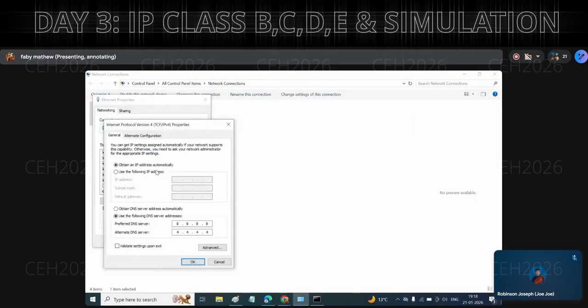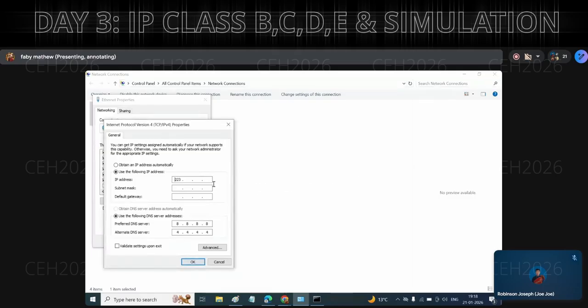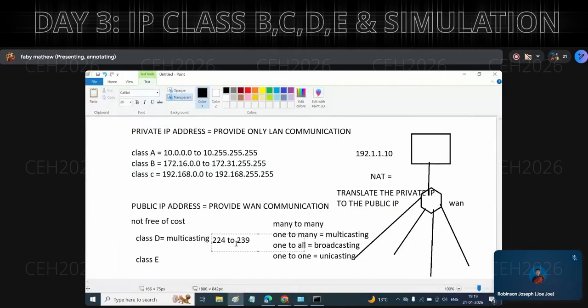See, when I try to set 224, it is not a valid entry. Up to 223 only we can configure. Got it? So we cannot configure class D addresses on our machines, and also not on our network devices.